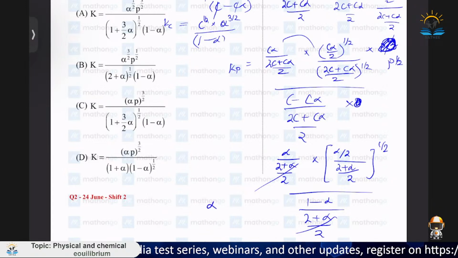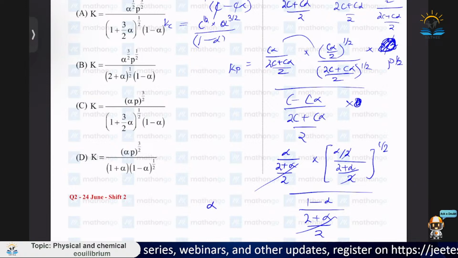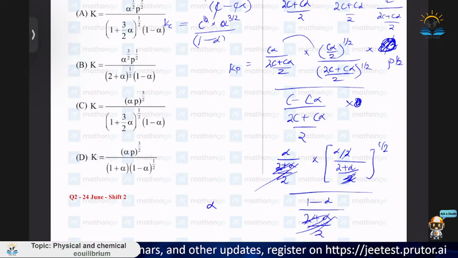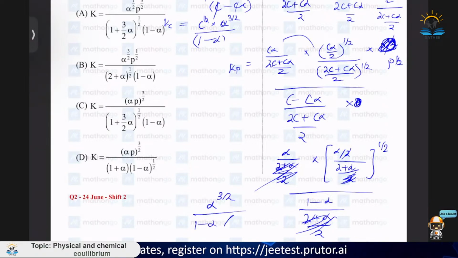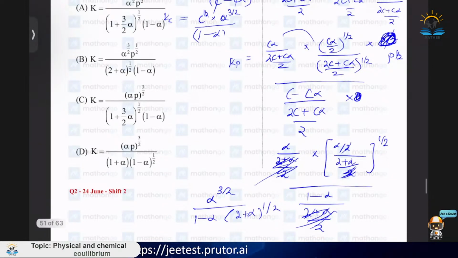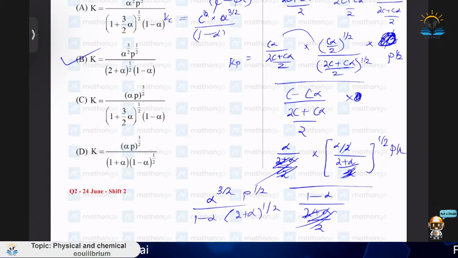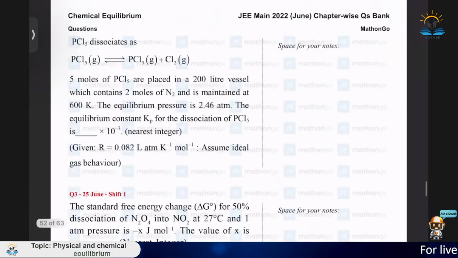You can put alpha, you remove these two also. So you have alpha to the power 3 by 2 upon 1 minus alpha into 2 plus alpha to the power 1 by 2, which is your Kp, into P to the power 1 by 2. I forgot it. B option is correct.